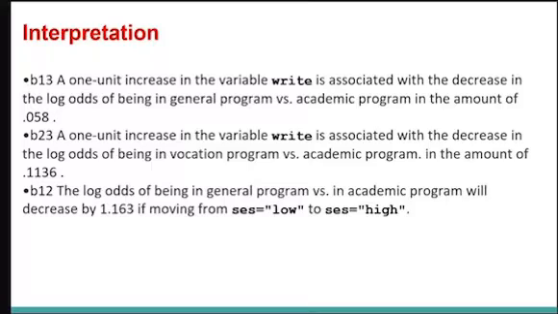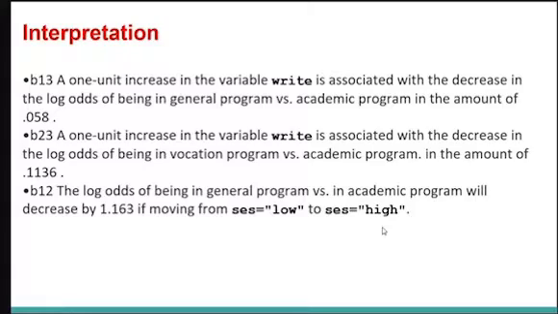In that one, the log odds of being in the general versus the academic program will decrease by 1.163 if moving from low to high. Why am I saying low to high? Don't forget the low was the level of that categorical predictor that was the reference.